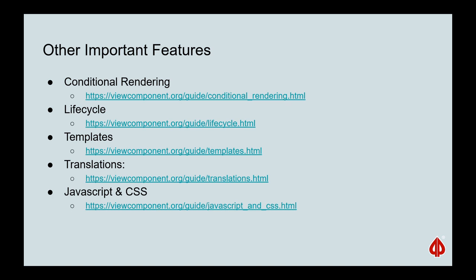We don't have after render like in React. Also, you can use templates, translations, and JavaScript. JavaScript is new. We only added JavaScript inside the HTML file as a script, or we use a global script at the moment, but we're going to add Stimulus as soon as we have time to do so. And you can also have CSS like normal in your view files.